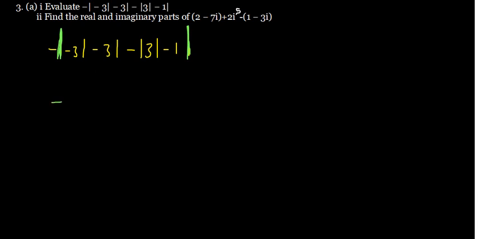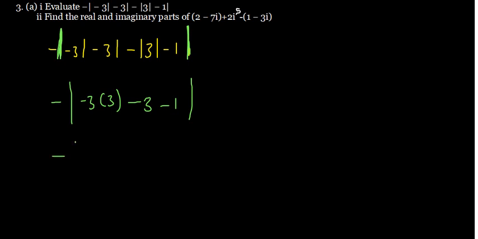So we're going to have negative absolute bar, okay? This negative 3 is not in a bar. So we're going to have negative 3, and then the absolute value of negative 3, that is positive 3. Then you have got this minus here, and then the absolute value of positive 3, that is a positive 3, and then you have got now a minus 1. Just failing to do this means that we can't answer this question.